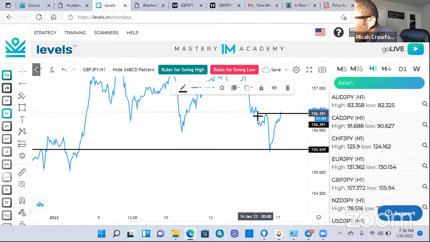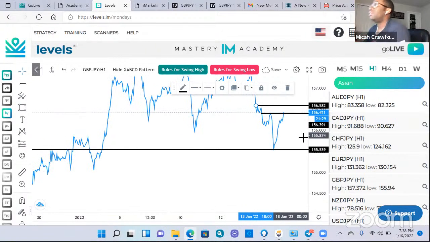I would probably set a buy limit at 156.391. Yep, I would set a buy limit at 156.391. If price continues bullish, this could be a buy stop, but I would need to see the break of that zone right up there because that's a double top.